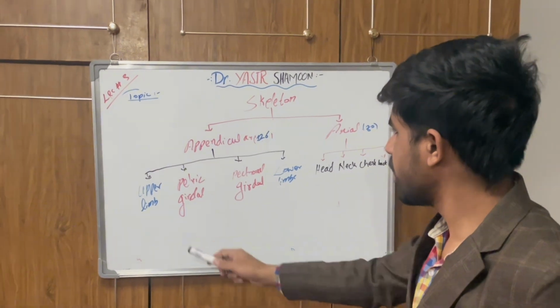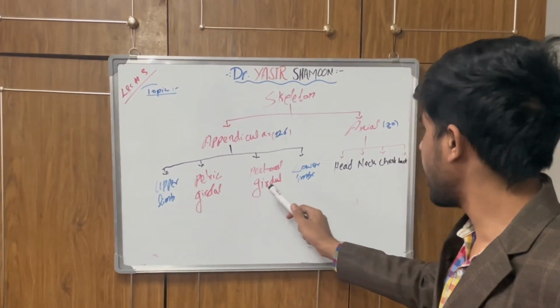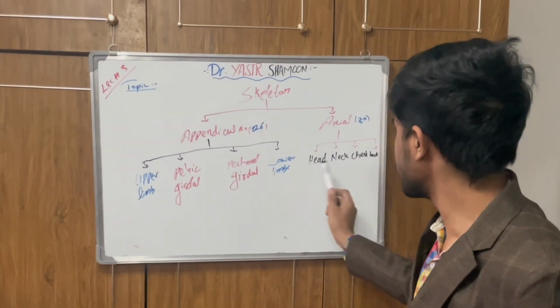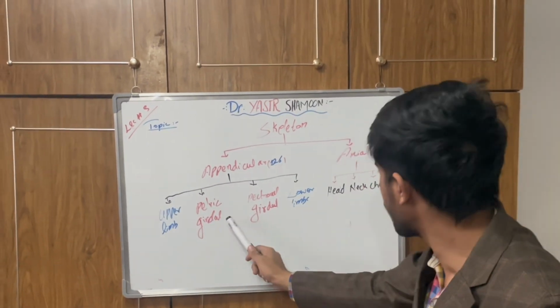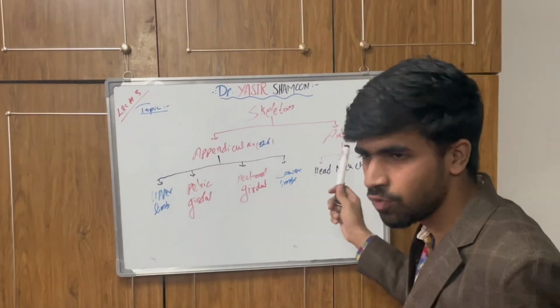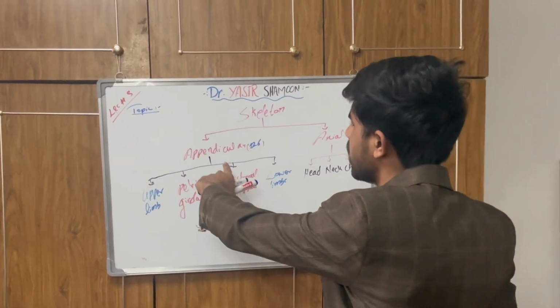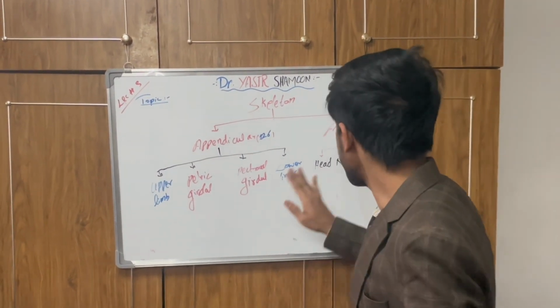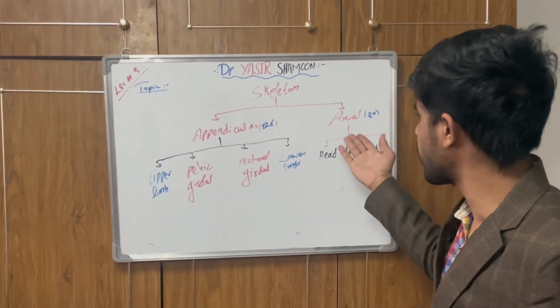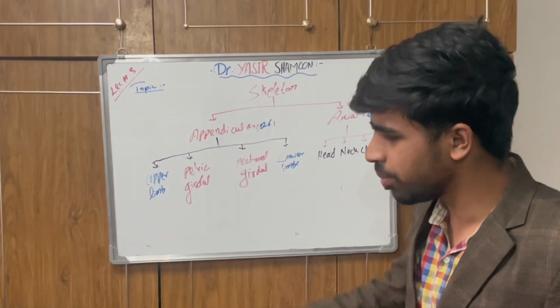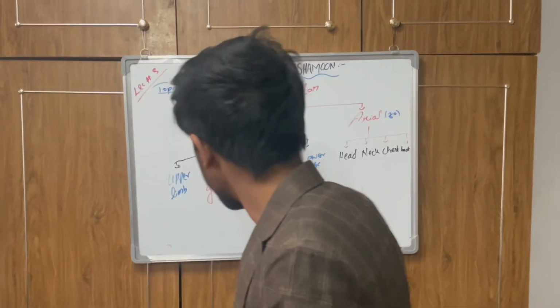Upper limb, lower limb and girdles make up the 4 parts, and the axial skeleton also has 4 parts. Now I will discuss the appendicular skeleton; I will discuss the axial skeleton later.